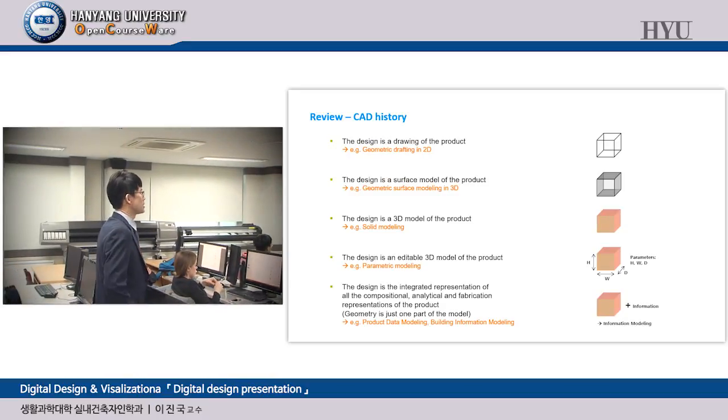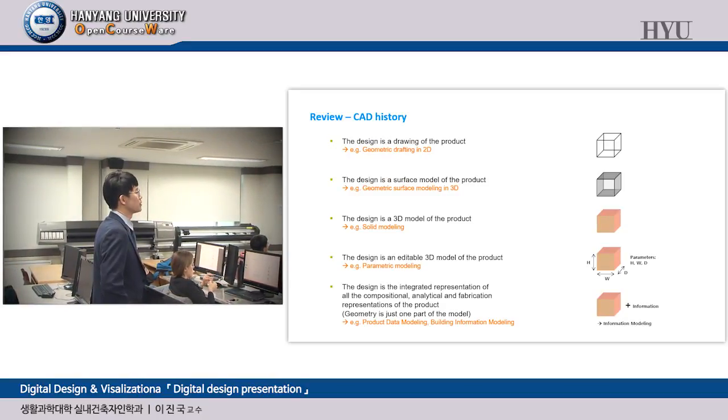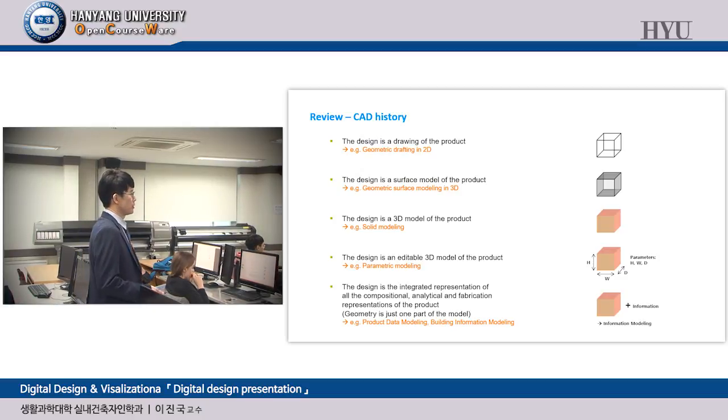The first one is the design as a drawing of the product, for example, geometric drafting in 2D. The second stage, the design is a surface model of the product. Third, solid model. Fourth one, parametric model. The last one is building information model. So where we are, as I introduced before, we are in the second stage.